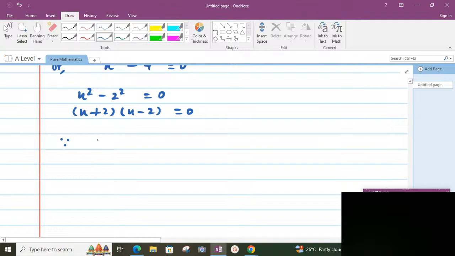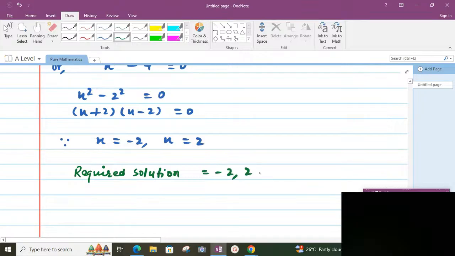Therefore, here will be x equal to minus 2 and x equal to 2. So the required solution here will be equal to minus 2 and 2. So this is the answer.